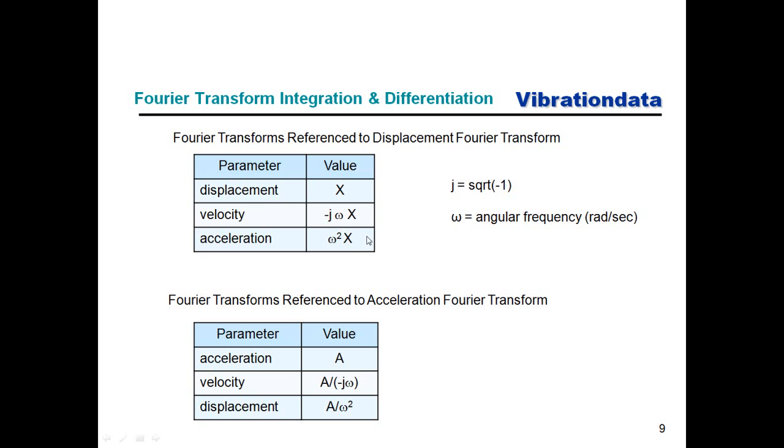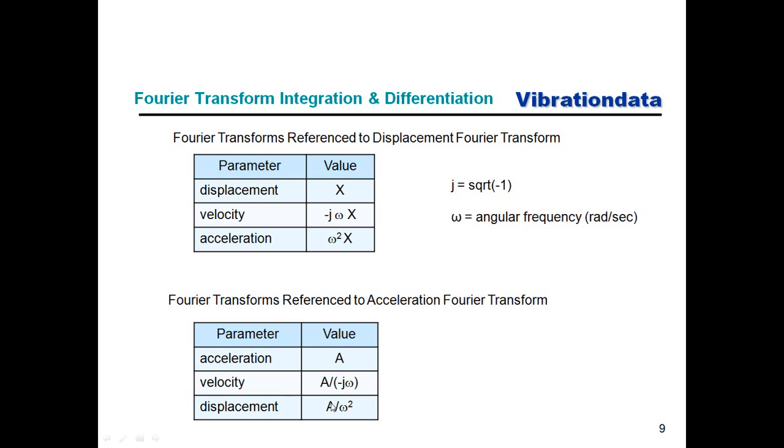Now we can take this table and kind of reverse the rows and do a little bit of rearranging. And let's say we're starting off with an acceleration Fourier transform A, and we want to integrate to get the velocity. So if we integrate that, we have A divided by minus j omega, and that gives us our velocity Fourier transform.